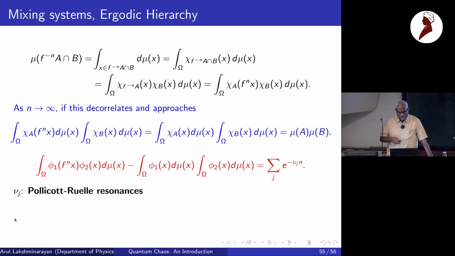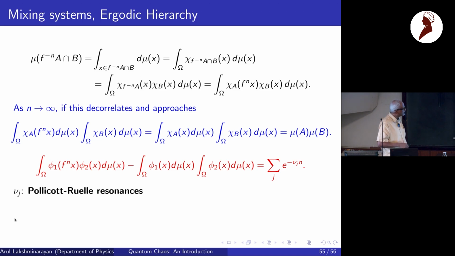So what is happening? You are integrating phi 1 of f^n(x), phi 2(x) d mu(x), minus the product of the integrals of phi 1 and phi 2. So f^n(x) is the dynamics, n is the time, and you are doing it with respect to this invariant measure. That's important that it be with respect to the invariant measure.